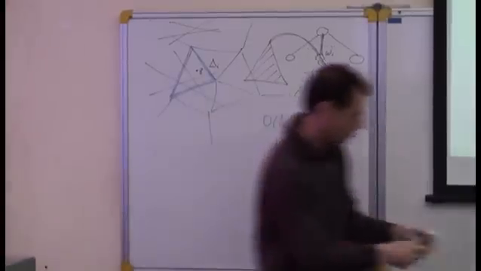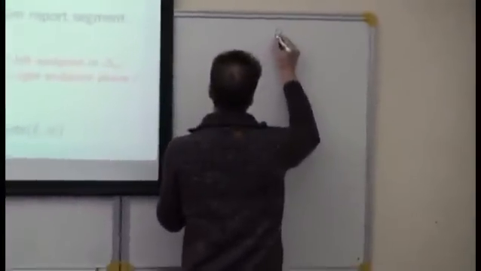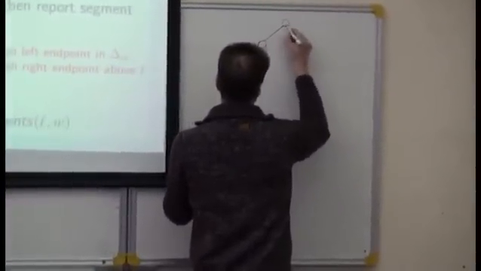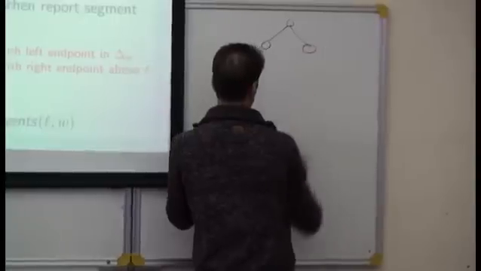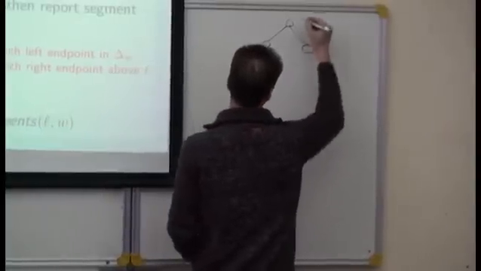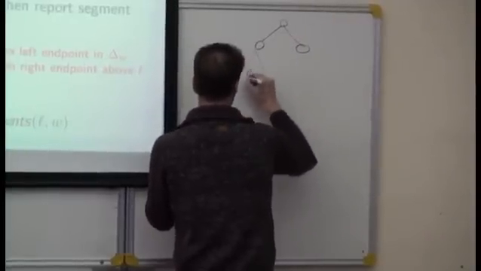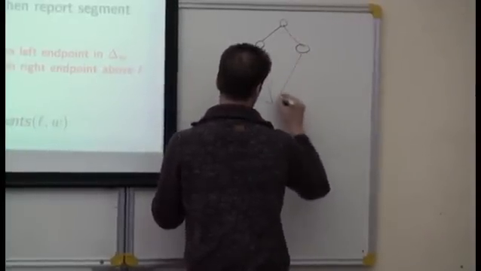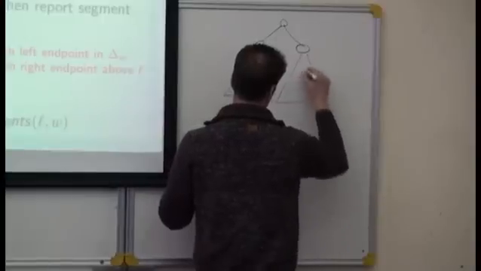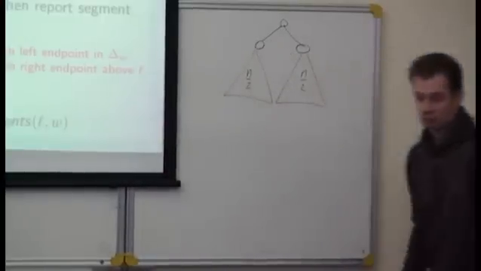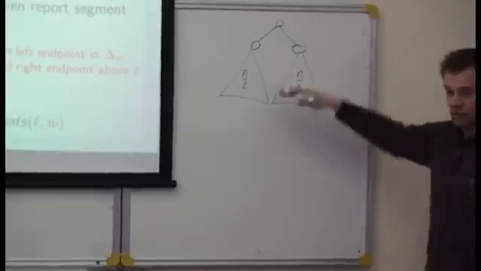Well, if you look at the tree, so let's first look at the binary tree, where here I have two subtrees, let's say of size exactly n over 2. Okay, now what is the depth of the tree?